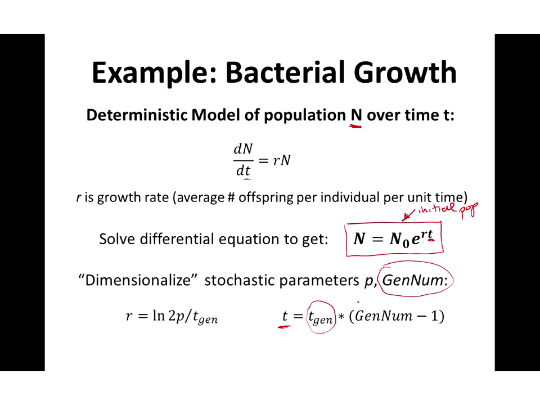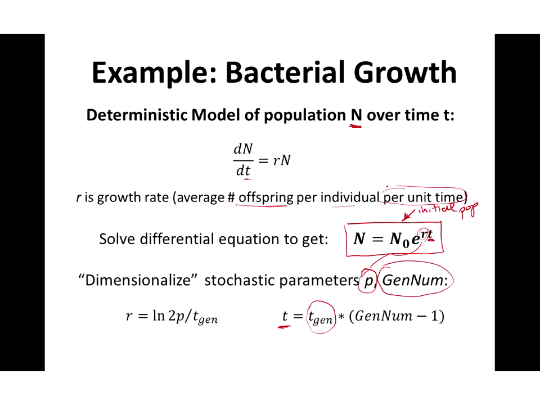But we also need some way to tie the probability level p to this growth rate r. One of the problems you'll notice is that p is just a probability level with no units, whereas r, the growth rate, is the number of offspring per individual per unit time.